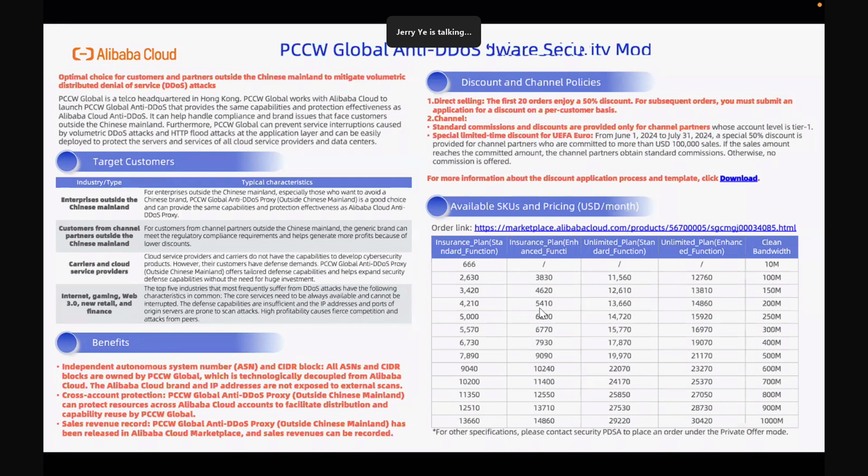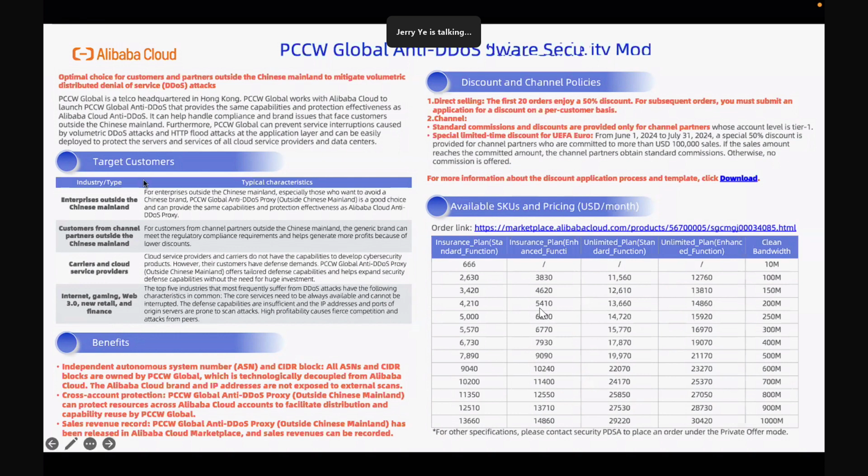PCCW utilizes the anti-DDoS capabilities and the scrubbing centers that we built around the world. And PCCW will provide the IP number. So you can think actually this one is the same as the anti-DDoS proxy solution provided by Alibaba Cloud.